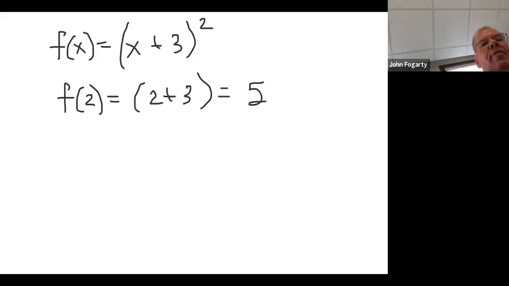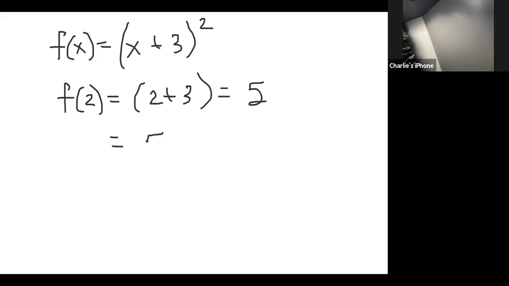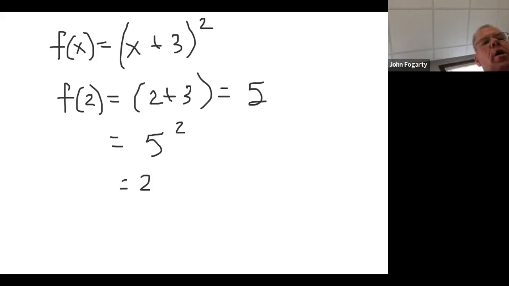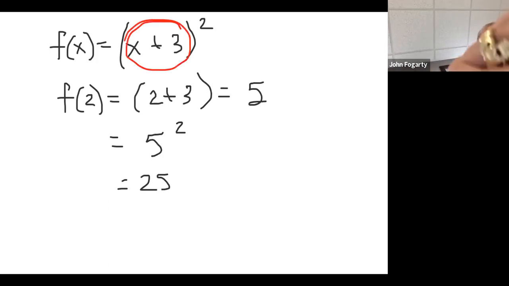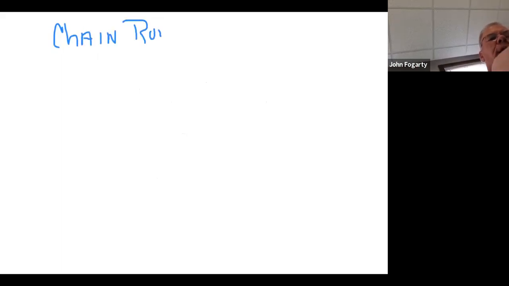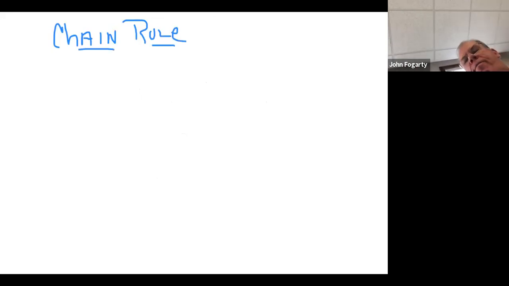Then what would you do with 5? Square it. So there's two things to do, so there's really two functions. So what we're going to do today is use what we call the chain rule, which is simply how you go about finding a derivative of a composition of functions.